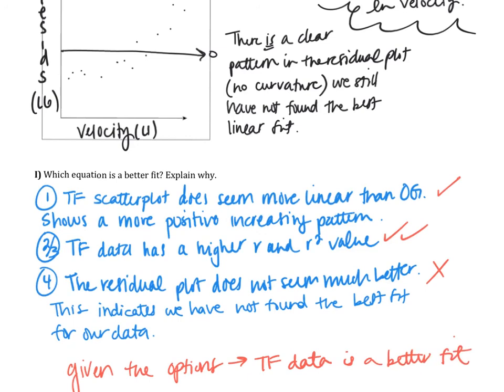It's a better fit given what we have. So this might happen. Like, it's not the best situation, but we're only looking at the options that we were given, and the transform data is better based off of all of the evidence that we have.